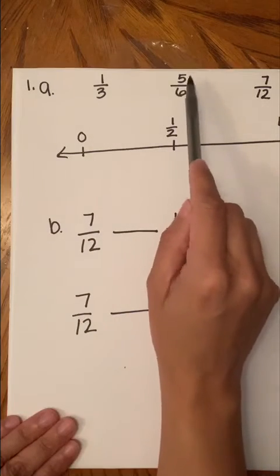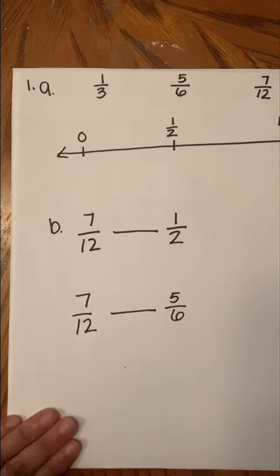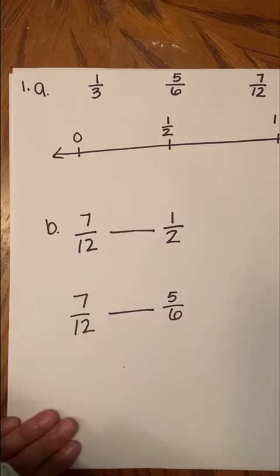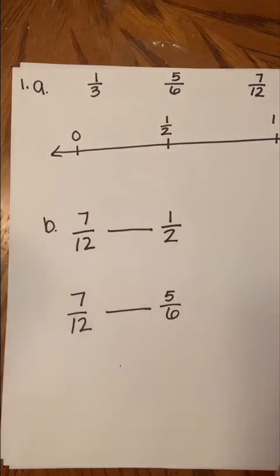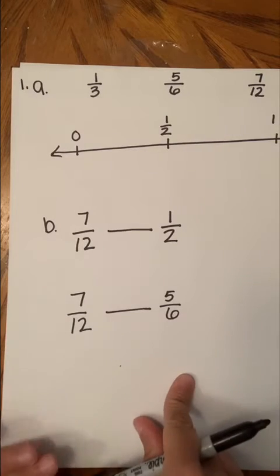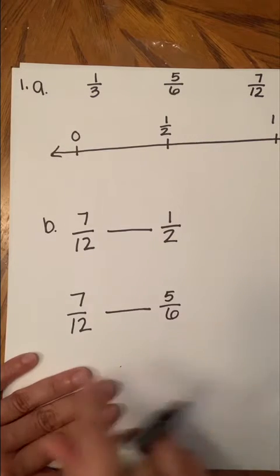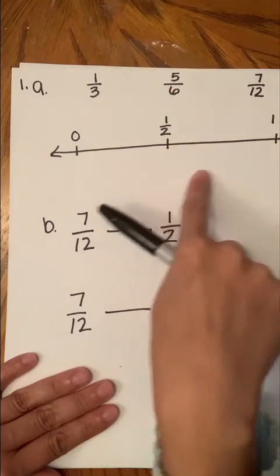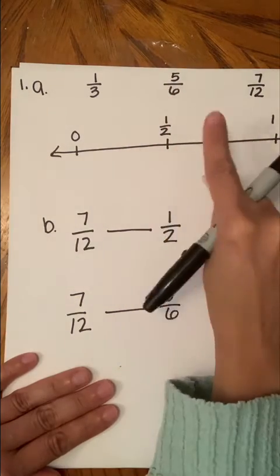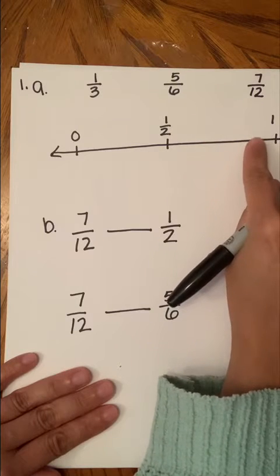Now, the reason I'm looking at this is because I think that 5/6 is almost close to 6/6, right? And I know that 6/6 is 1. So I think 5/6 would probably be close to 1.